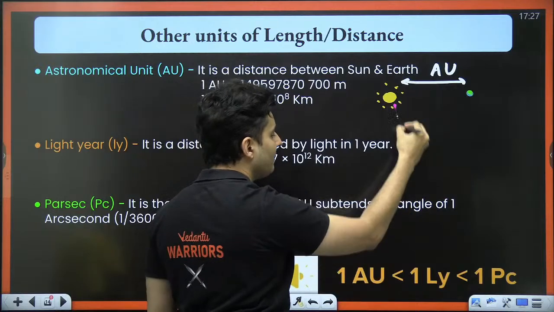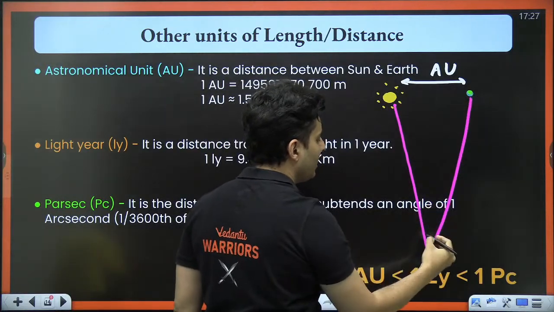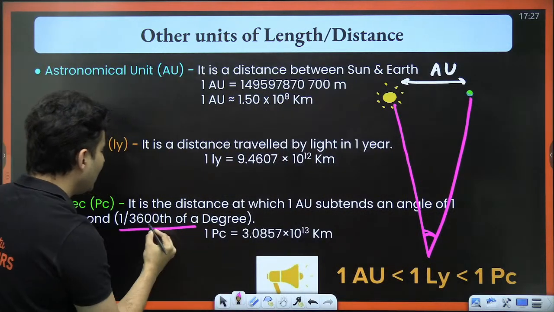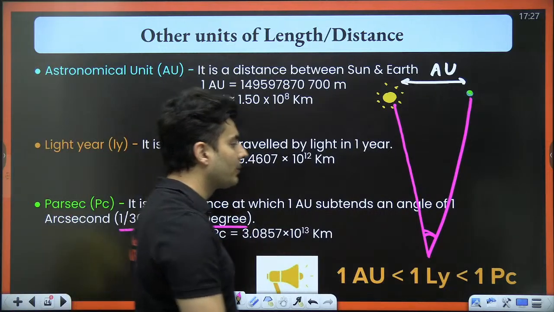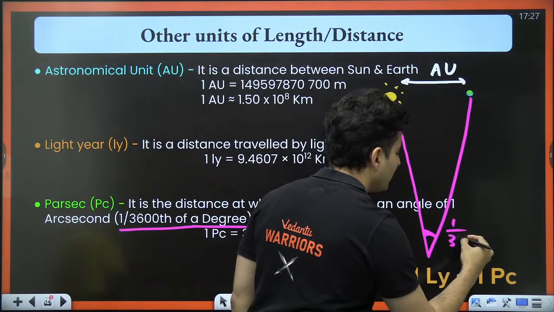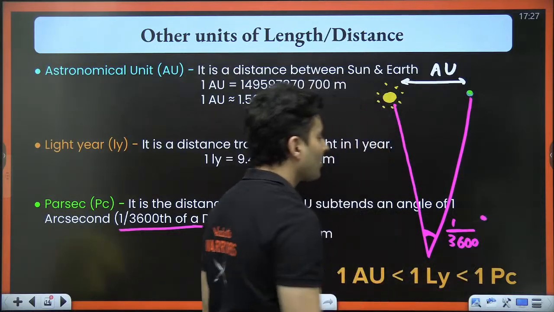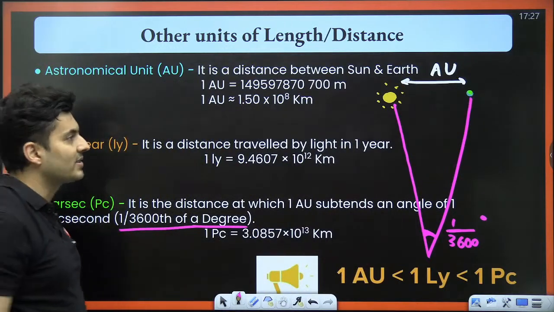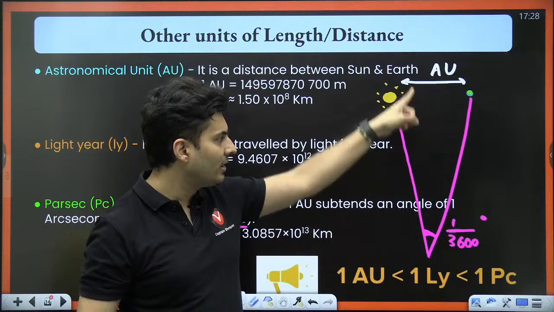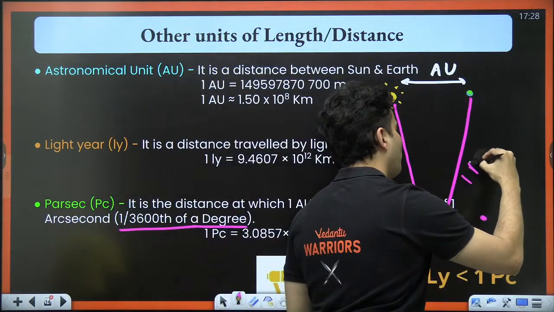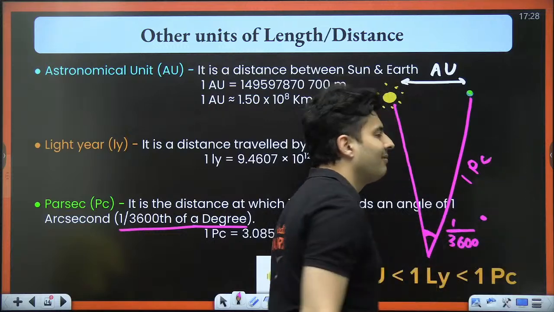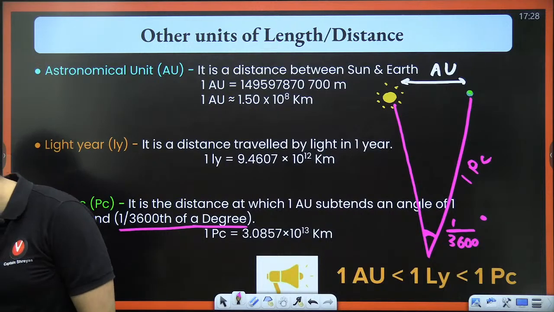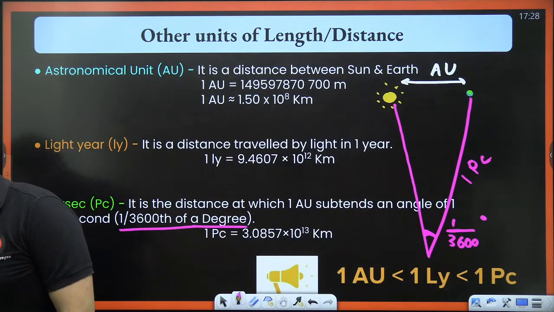You go really far away, till that particular angle is 1 by 3,600th of a degree. That distance is called 1 parsec. That distance from here to here is basically 1 parsec, 1 PC. Okay, 1 PC. Is that clear? Everybody with me? Very good.